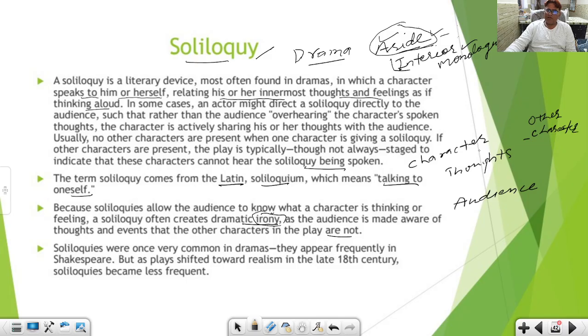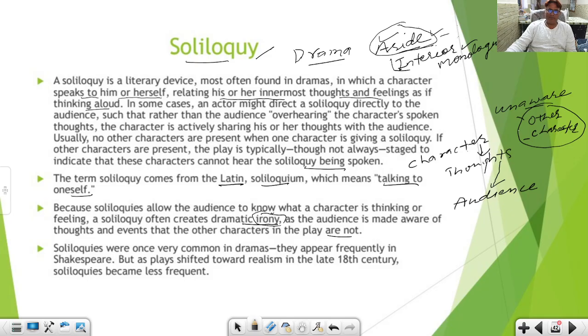Now, these thoughts which are being expressed by this character directly reach the audience, but at the same time, the fellow characters of the play are completely unaware.